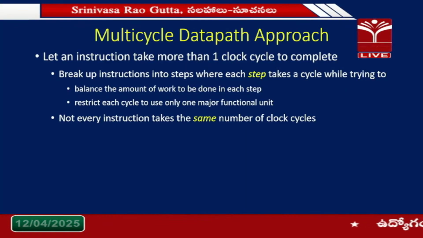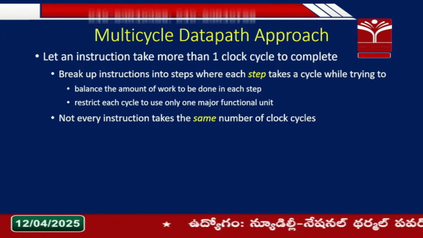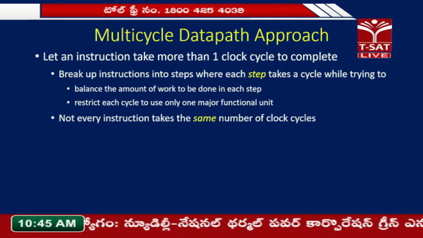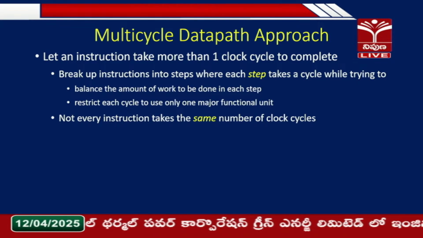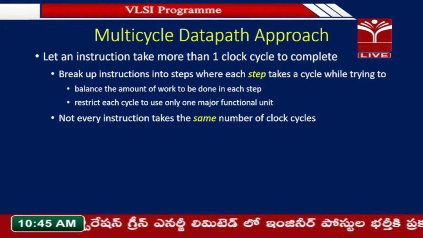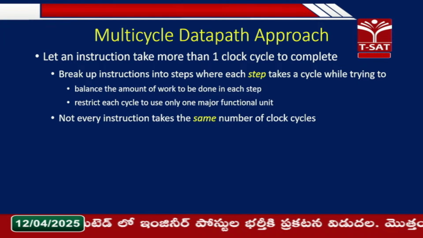In terms of that deficiency in the single clock cycle, the industry moved into what is known as a multi-cycle data path approach. In a multi-cycle data path approach, an instruction takes more than one clock cycle, and we divide the instruction into smaller subsets.